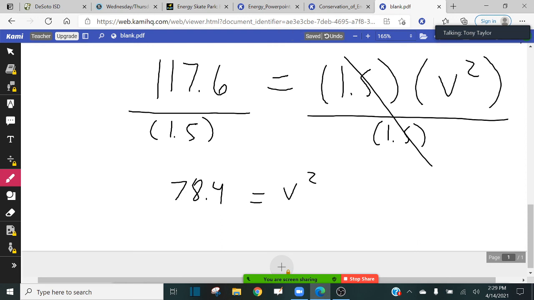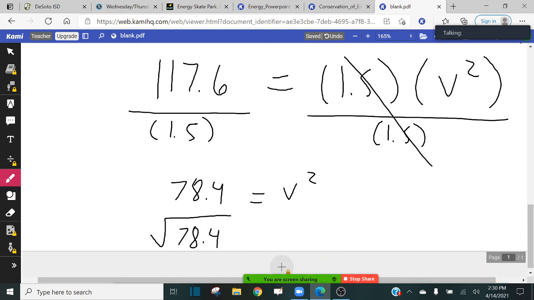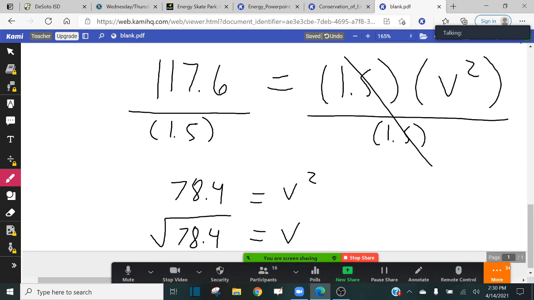And lastly, guys, y'all tell me, how do I get rid of that squared? Thank you, Angelina. Take the square root. Yep. Thank you, Stephanie. I was just about to ask it.